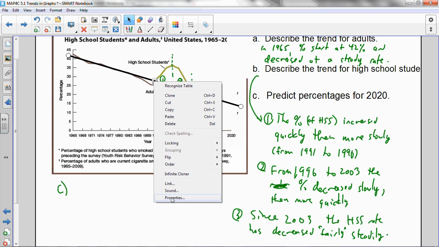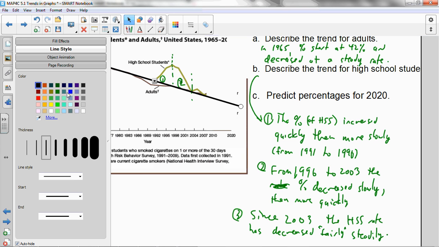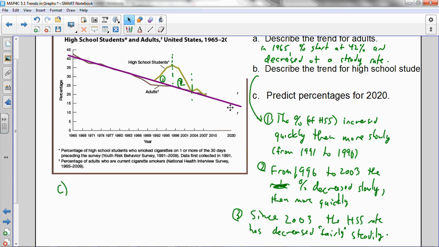I'm going to change the color here. Maybe it's purple. And then find in 2020 what that amount might be. Up from 2020 over, how much is it? Maybe 15? It's kind of hard to read. Yeah, maybe 15 for adults.